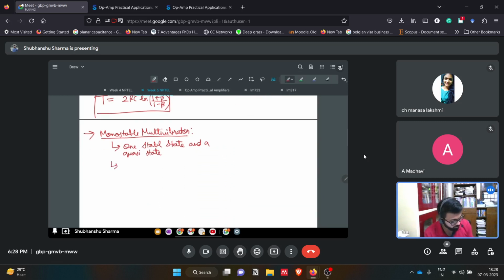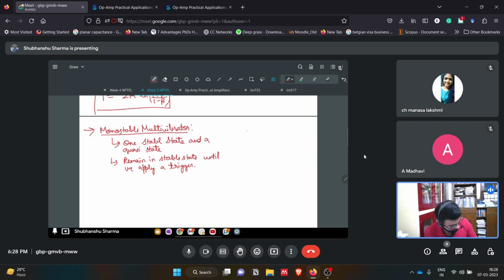So in this monostable multivibrator, it will remain in stable state until we apply a trigger. So until and unless we apply a trigger to this op amp, it will remain in a stable state. How will it happen? If I illustrate this for you, let's say this was the stable state for the op amp, the high state. It is in high state by default.